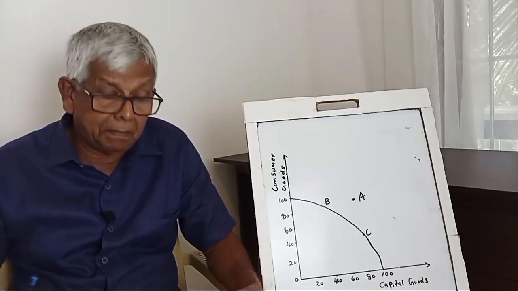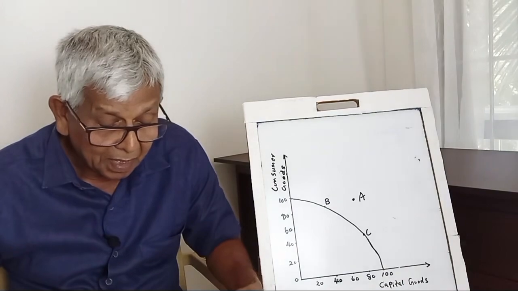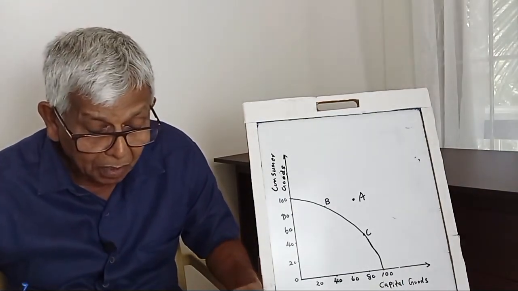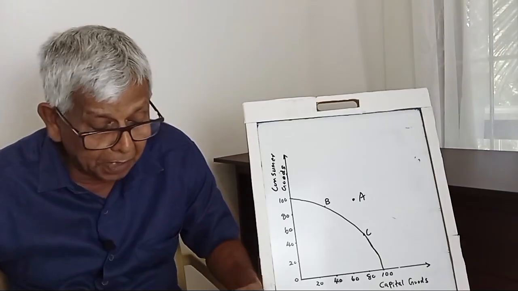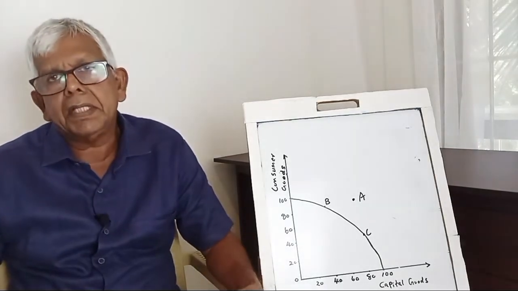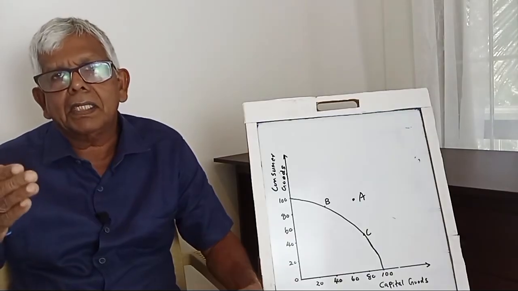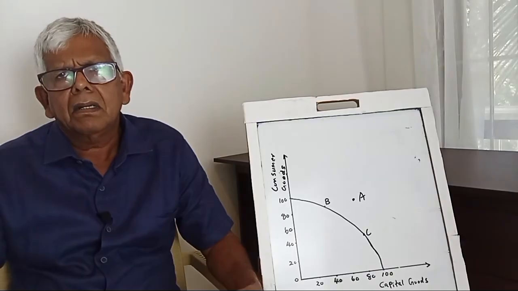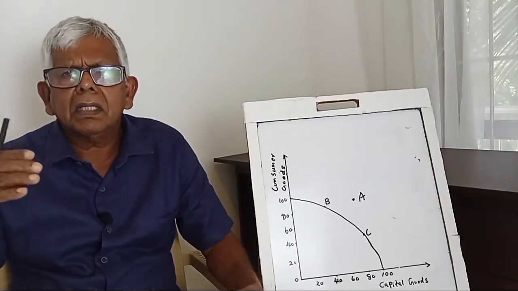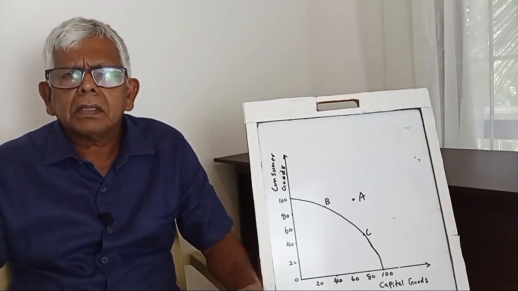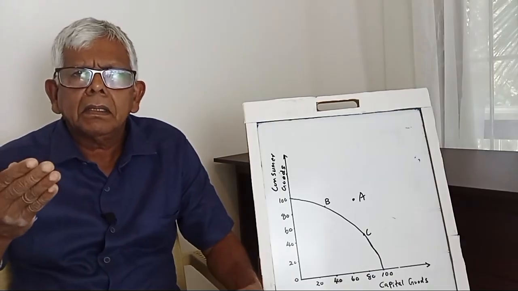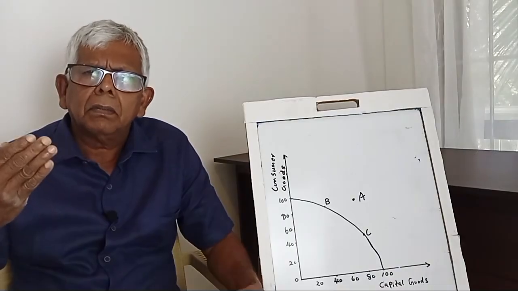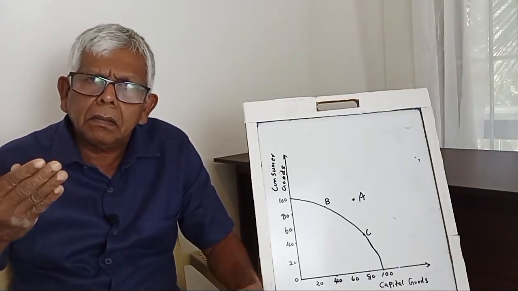Therefore, scarcity can be illustrated by a production possibility curve, or PPC. We also call it the production possibility frontier, or the production possibility boundary.